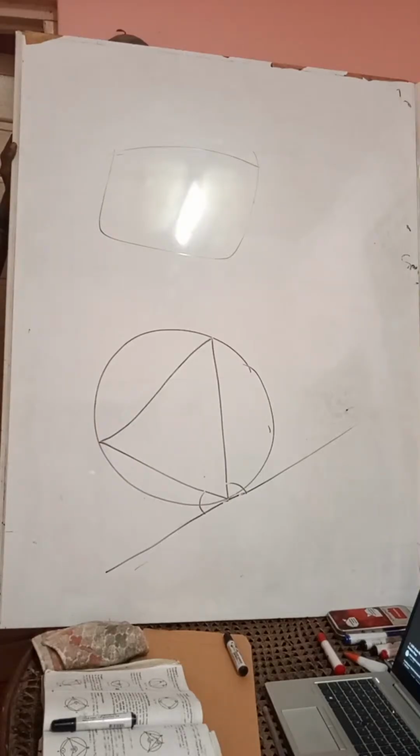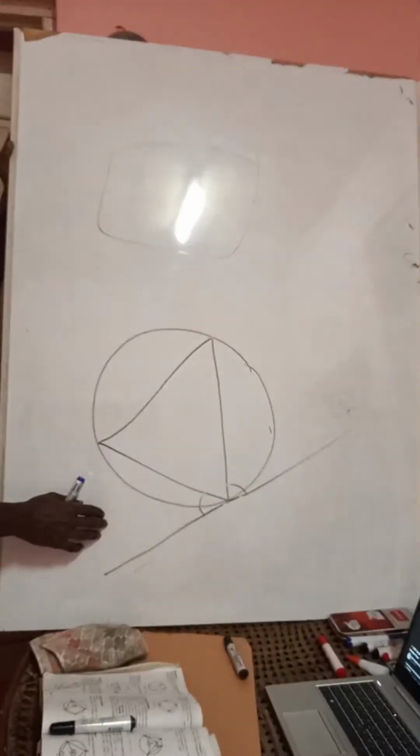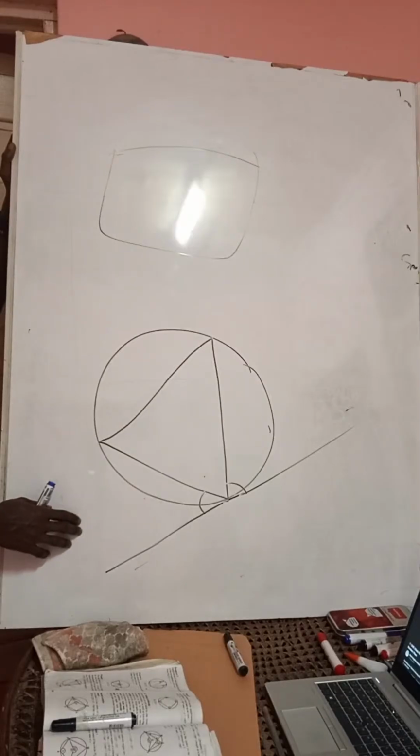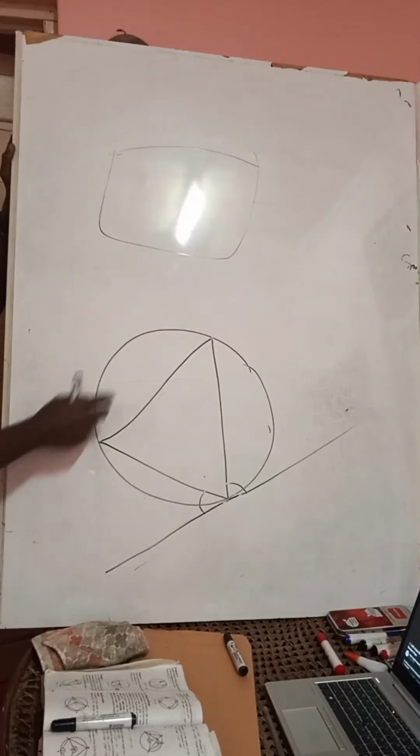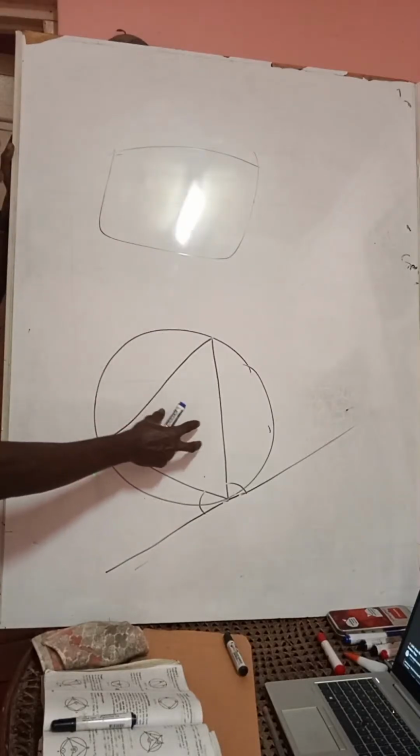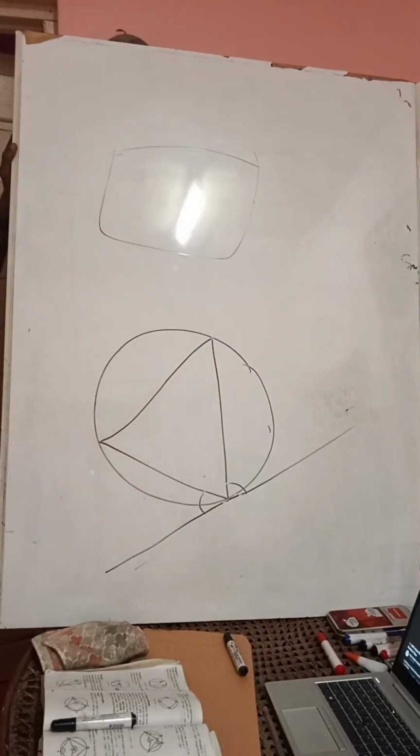So you can write your personal note about it. When you are using this law, consider only the triangle inside the circle of which all three sides touch the circle. If a side doesn't touch the circle, it's not part of it, and we can't use that law for it.